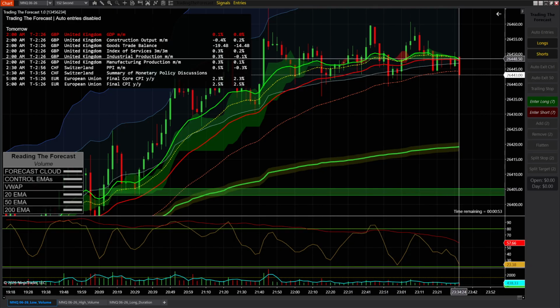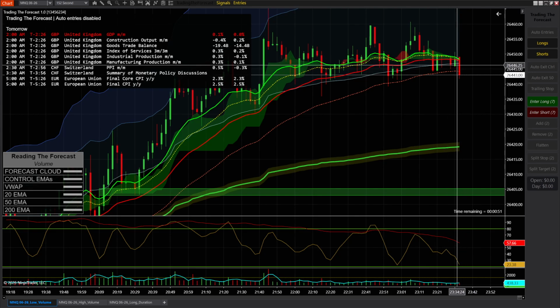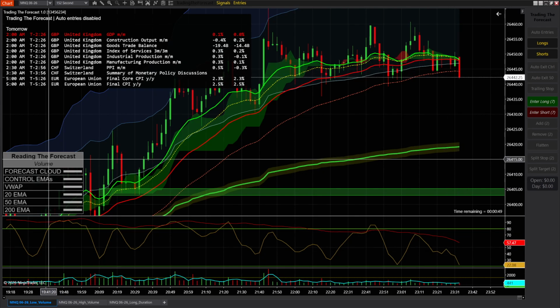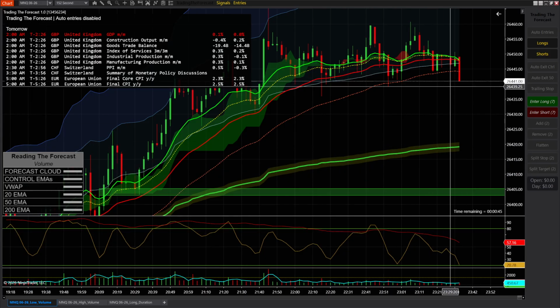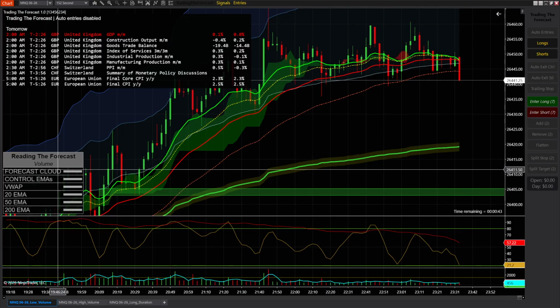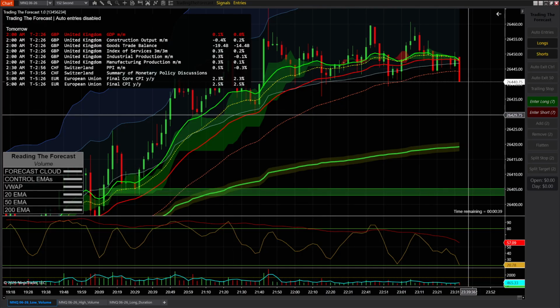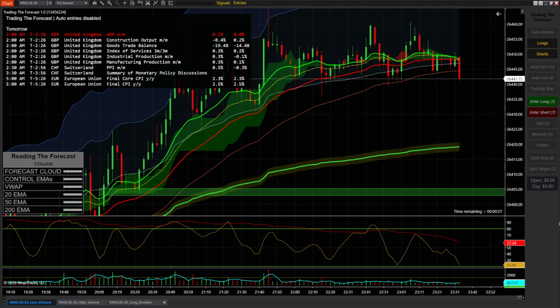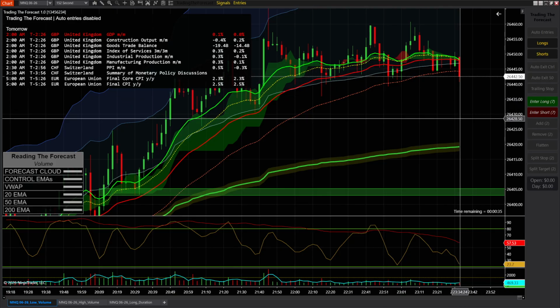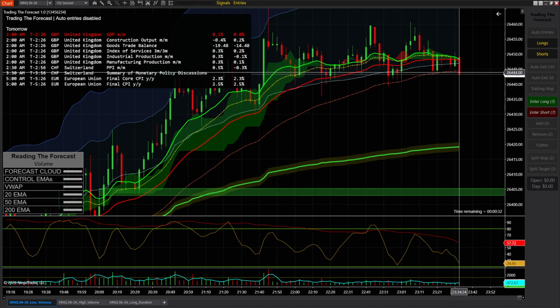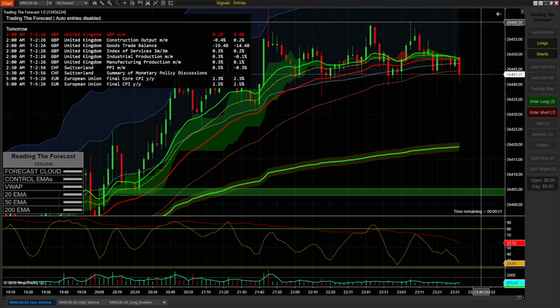See right here, we're close. See, this is looking good, but the problem is we don't have enough volume for it to be reliable. So it's tasty, but I'm not going to take it because my box is not on. If the forecast box is gray, that means it's a no trade condition. Okay, so yeah, we could drift down, or a bunch of volume could come in and it could push us right back up to the high.